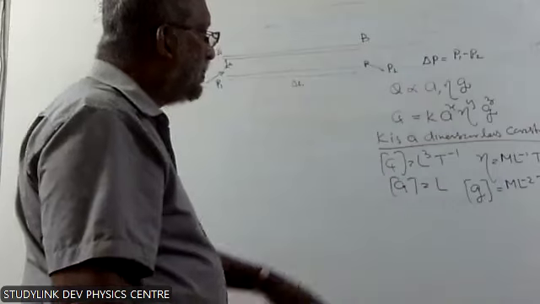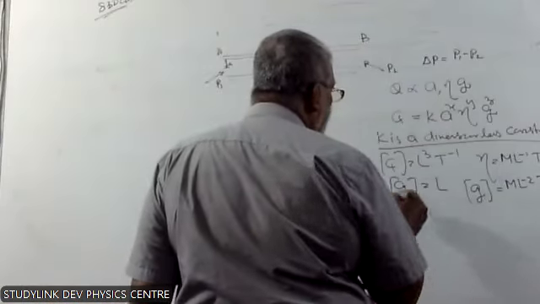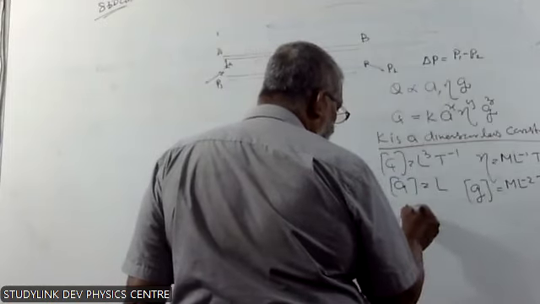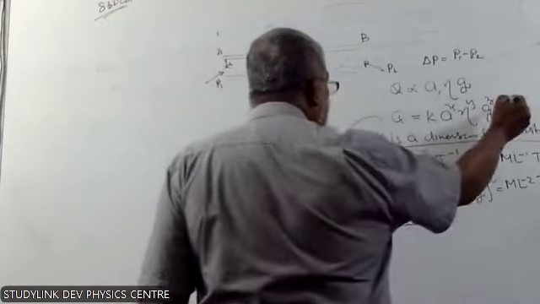Then you can substitute these values there. Q is L cube T minus 1. Equation 1.